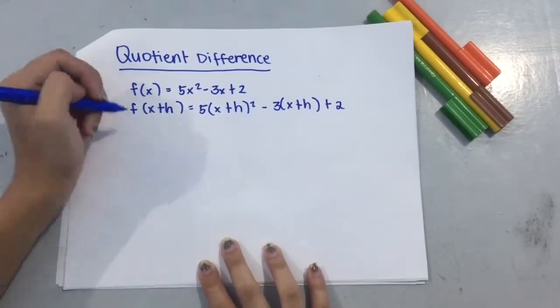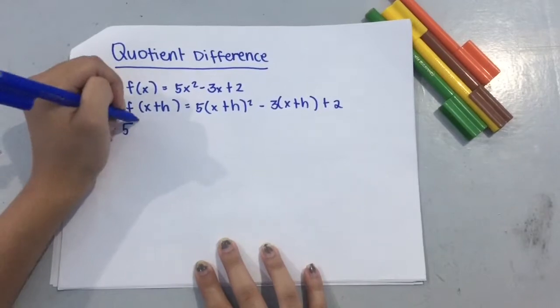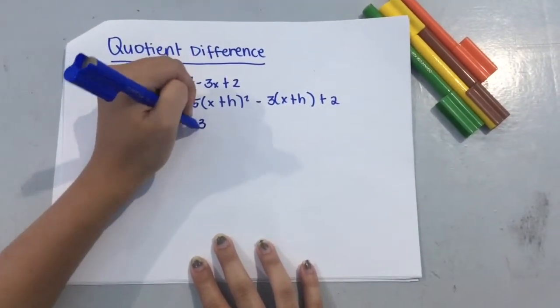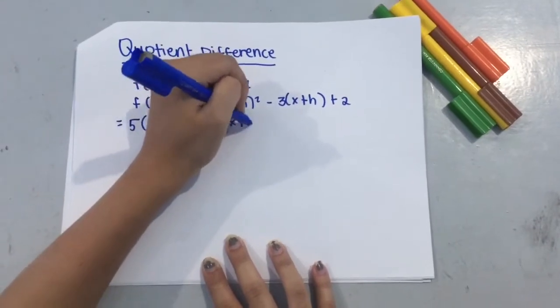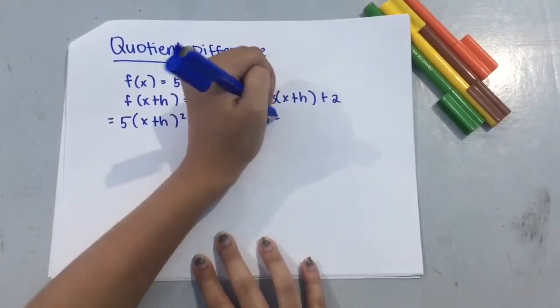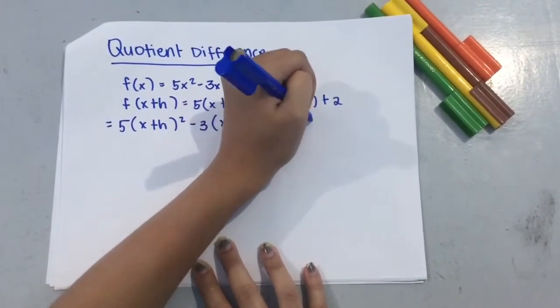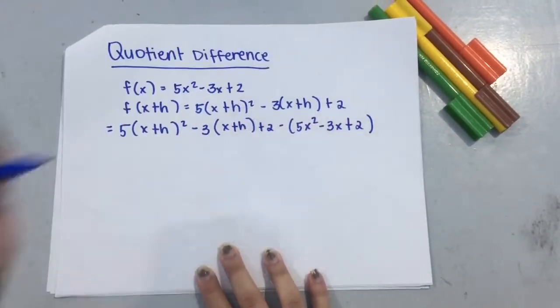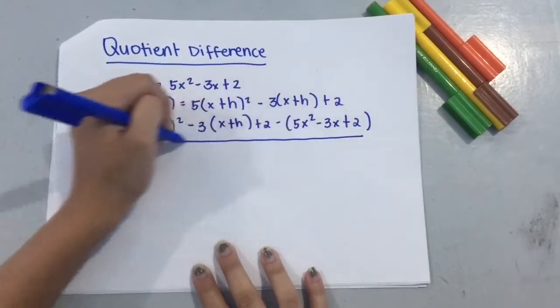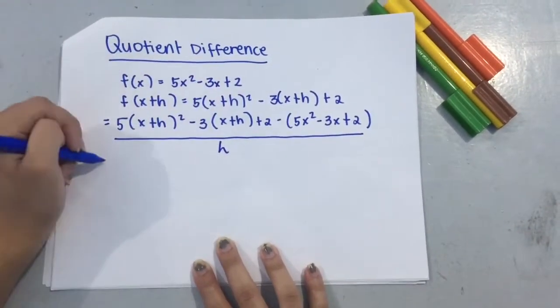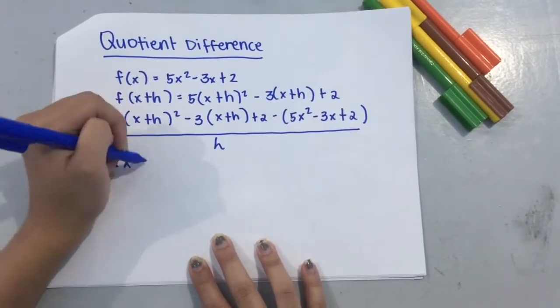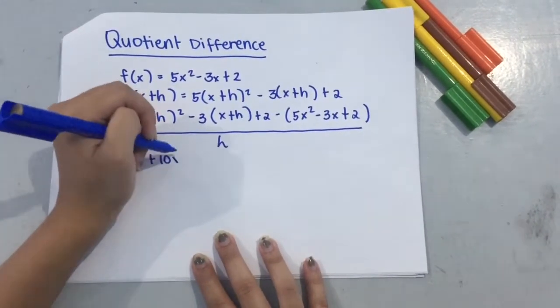After replacing all the x with x plus h, copy the given, then divide it all over h. Distribute the 5 multiplied by x plus h and 3 multiplied by x plus h, and again, divide it all over h.